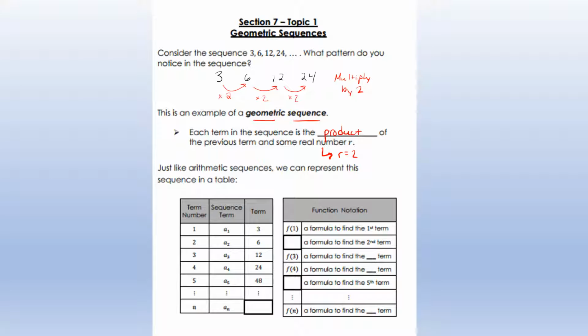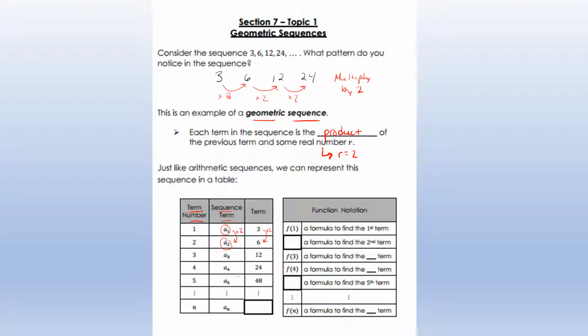All right, so we can show this in a table. So we look here that we've got the term number. The first term in the sequence, we're calling that A1, and the first term in that sequence, A1, is 3. So to get to the second term, we call that one A2. How did we get from A1 to A2? We multiplied by 2 because we did 3 times 2 and we got 6.